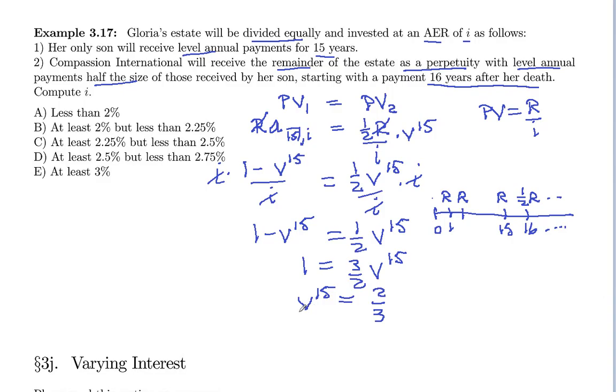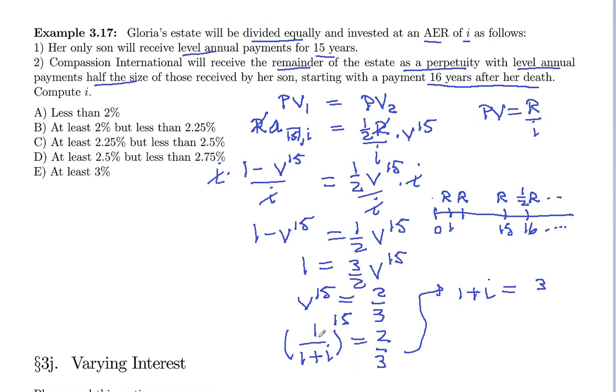And then v is 1 over 1 plus i. So we've got 1 over 1 plus i is equal to 2/3. Invert both sides. So 1 plus i is equal to 3/2. Oh wait, I forgot my 15th power. So let's see here.